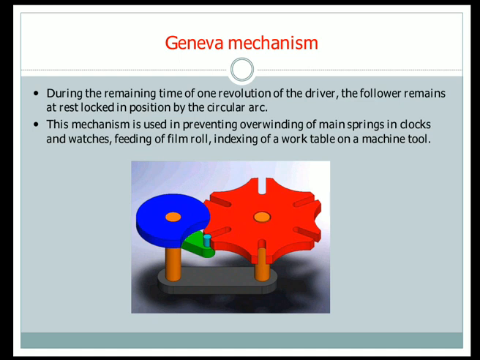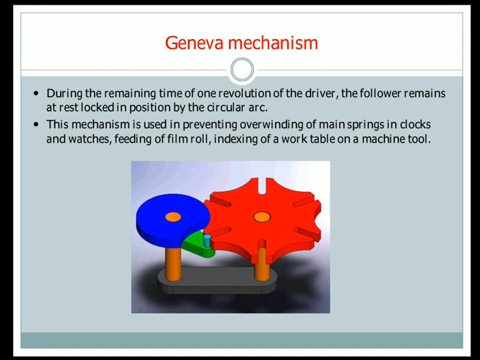Again when it approaches the follower, it will engage and rotate the follower a quarter of the circle or less. During this gap, the follower will remain in the rest position. So this is how the Geneva wheel mechanism works.